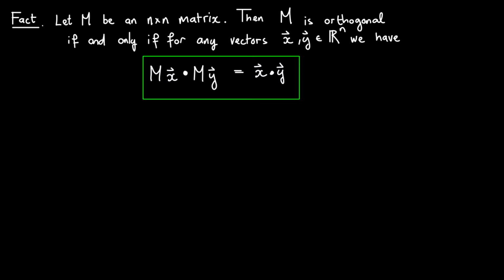The thing that we're going to discover here is that if we have any matrix, then this matrix will be orthogonal if and only if it preserves the dot product.